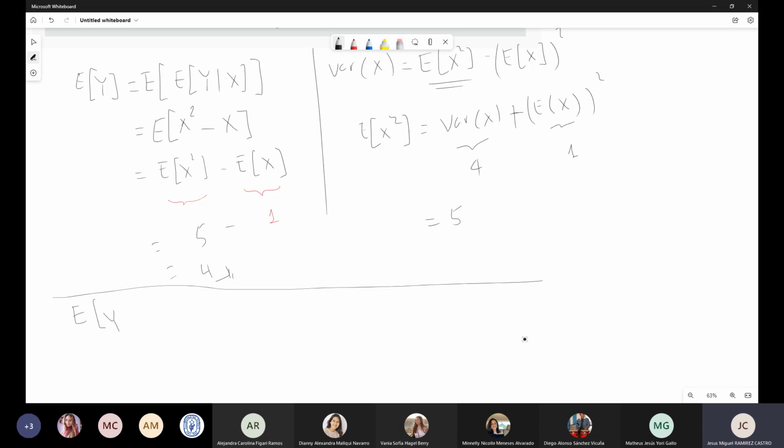En probabilidad, en estadística nos han enseñado: calcula conditional expectation of Y given X. Eso es lo que hemos visto en probabilidad. Ahora, en este curso de econometría, estamos viendo una cosa como esta, ¿no? Esta es información y esta es una random variable. No tiene nada que ver una cosa con la otra, aparentemente. En realidad sí.